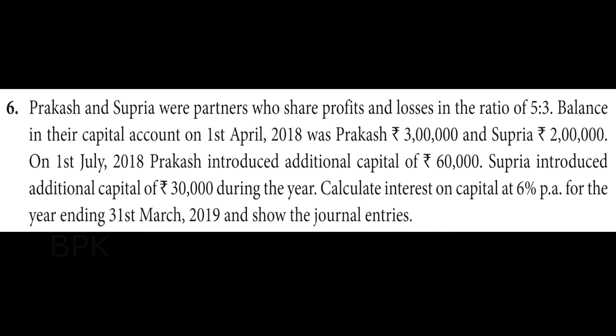On 1st July 2018, Prakash introduced additional capital of rupees 60,000. Supriya introduced additional capital of rupees 30,000 during the year. Calculate interest on capital at 6% per annum for the year ending 31st March 2019 and show the journal entries.